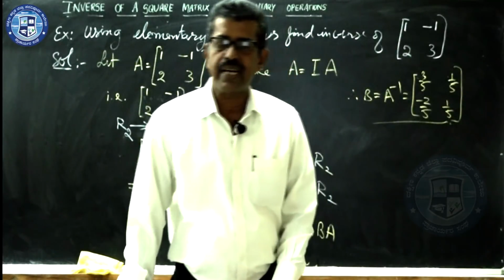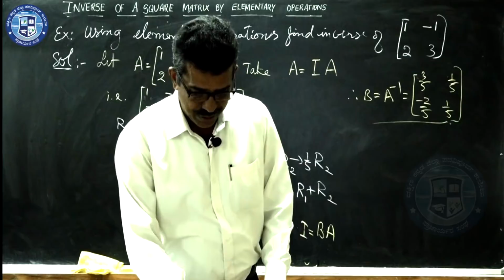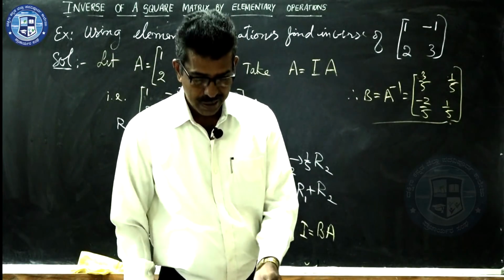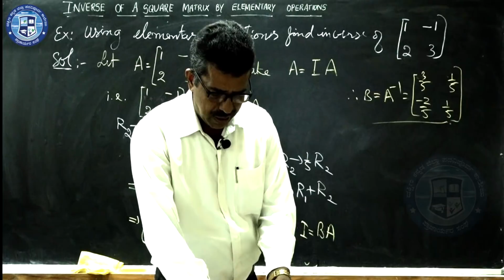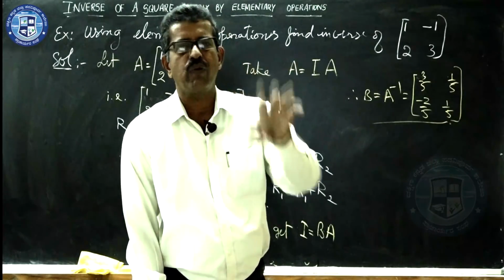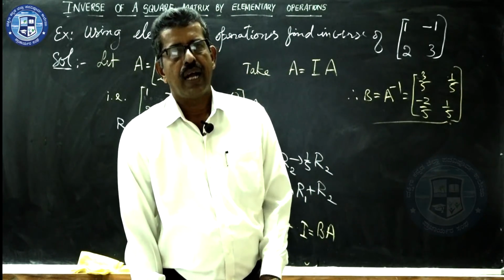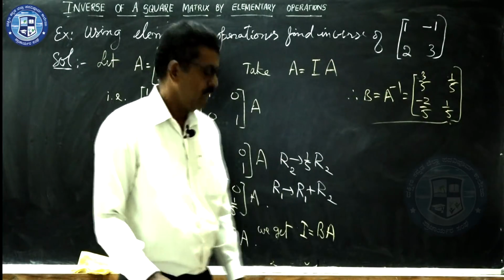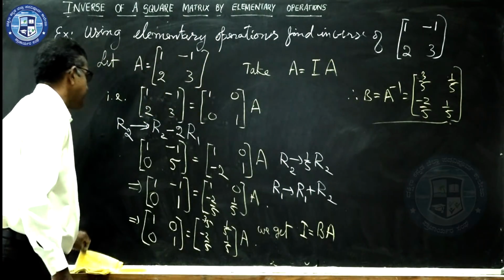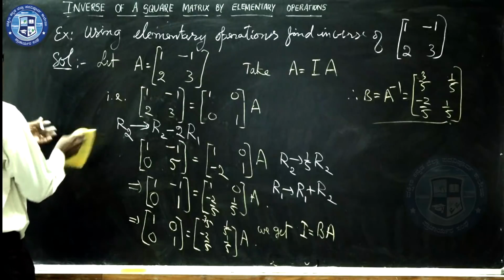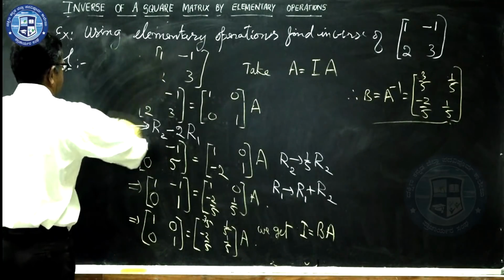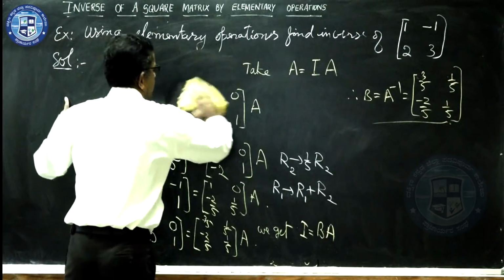So, you got the idea regarding how to find the inverse of a 2 cross 2 matrix. But sometimes students will be confused looking at different varieties of matrices. I will just give another example where the very first element is not equal to 1 as we have in the previous case. I take the very first element as 2.